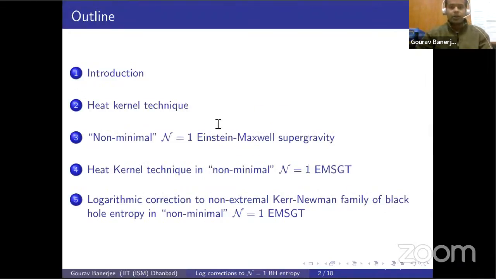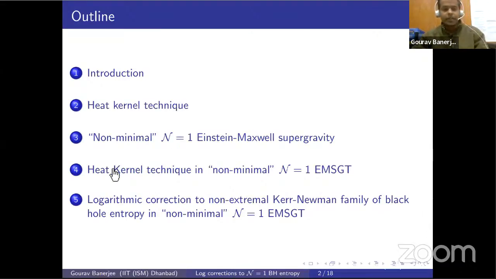The basic outline of the whole talk will be as follows. First, I will present the basic introduction about the research work. Then, I will present the heat kernel methodology used in the research work. And we will have a general introduction to non-minimal N=1 Einstein-Maxwell supergravity theory.